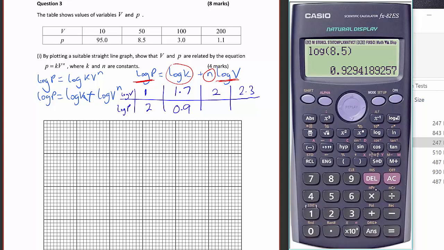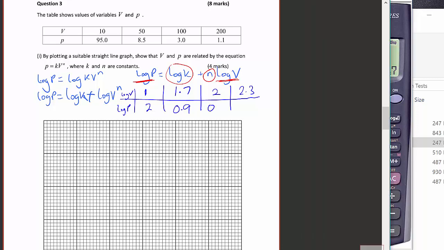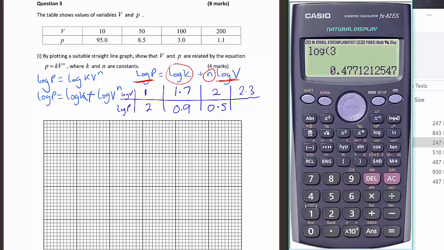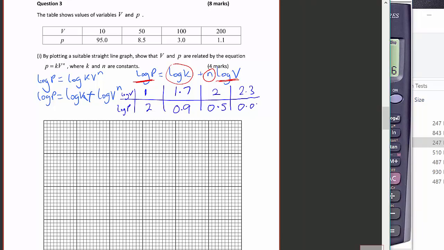And log of 3. Let's call that 0.5. It's probably a good idea to write these down to 2 decimal places, but you certainly can't plot them that accurately. And then we'll go for log of 1.1. Let's call that 0.04 rather than just 0. We'll try and make the point look a little bit above 0.